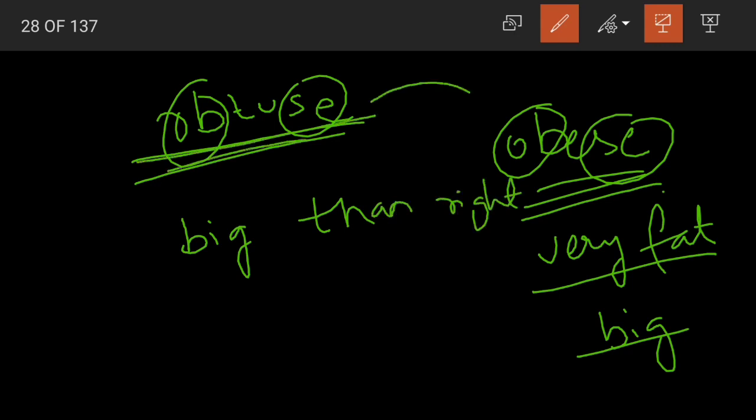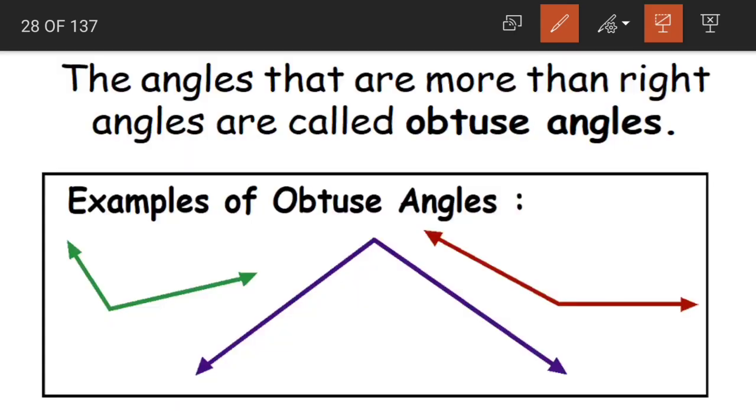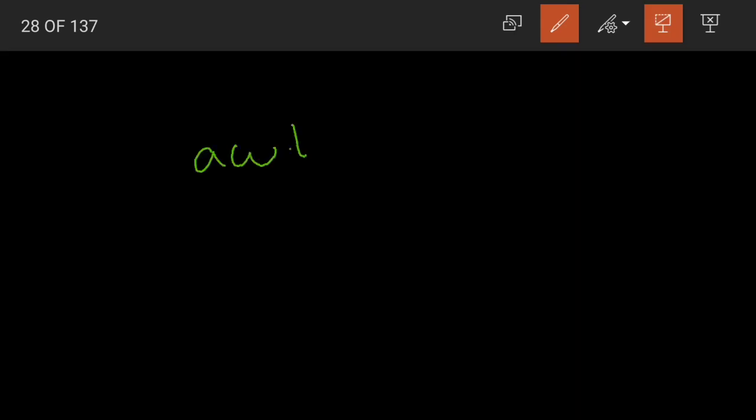Understood, children? Obtuse is similar to obese. Obese means a person who is very big or who is very fat. So in the same way, an obtuse angle is an angle which is bigger than the right angle, or more than the right angle. Or if you can remember the acute thing, children: acute angles are those that are less than the right angles.